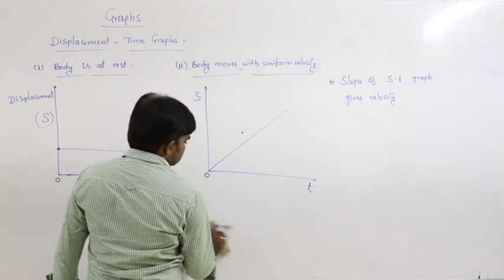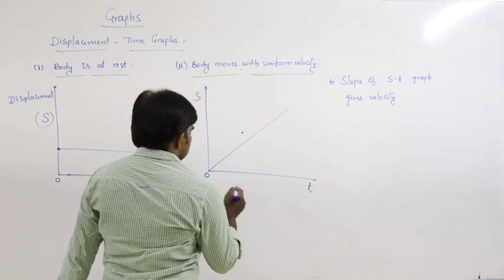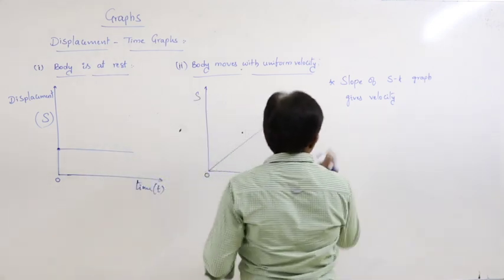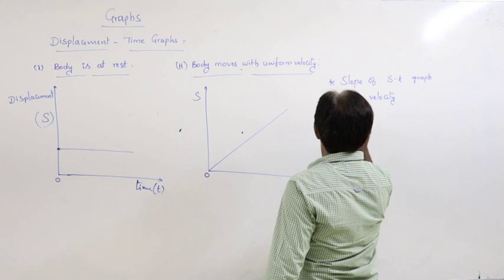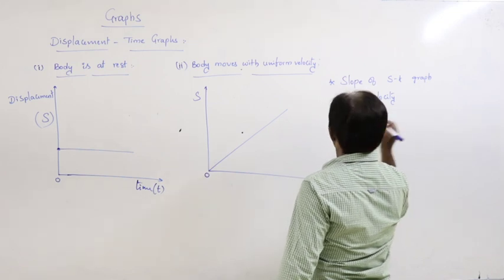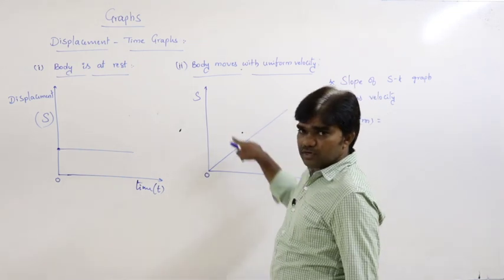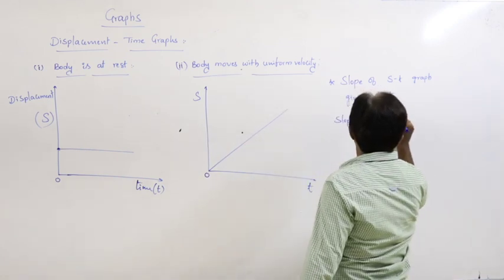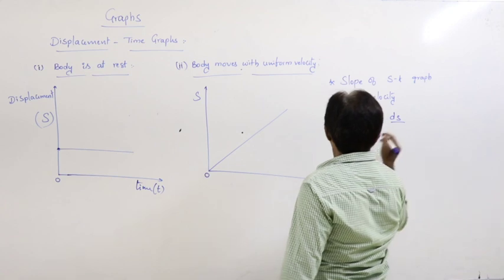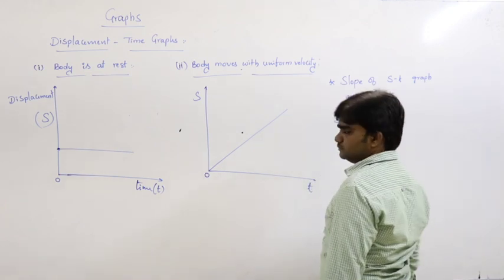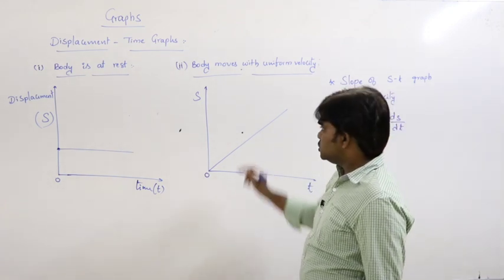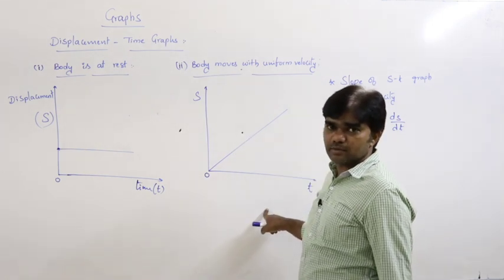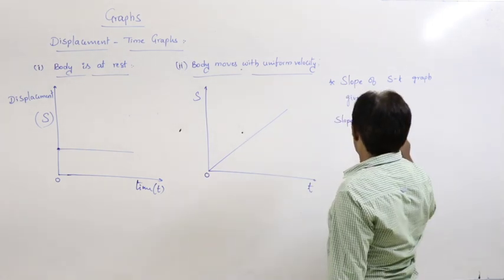So how can you calculate the slope? Slope m is equal to y component by x component. What is the y component here? Displacement, the change in displacement, so that is ds, divided by time, dt. So that is ds by dt.